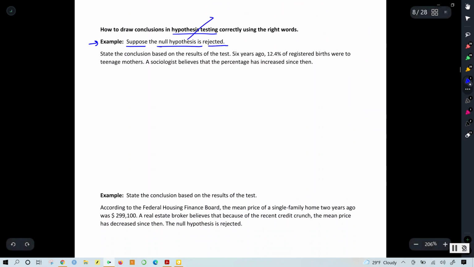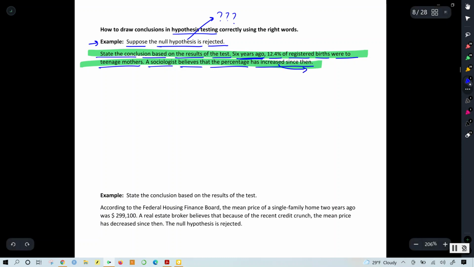Well, we don't know what the null hypothesis is yet. That will require reading the context of the problem. So let's go ahead. We are to state the conclusion based on the results of the test. What test? Let's see. 6 years ago, 12.4% of registered births were to teenage mothers. A sociologist believes that the percentage has increased since then.